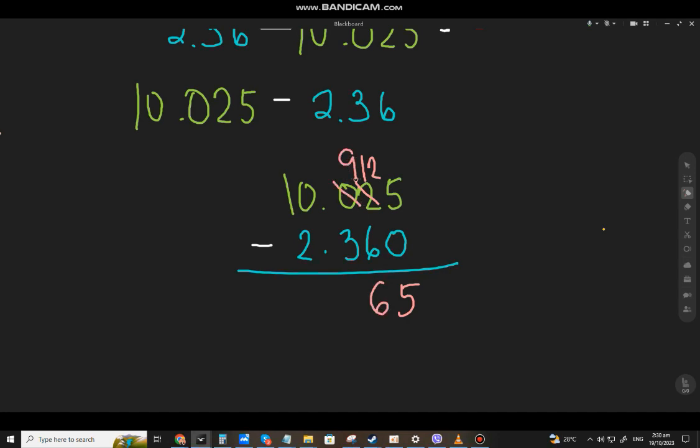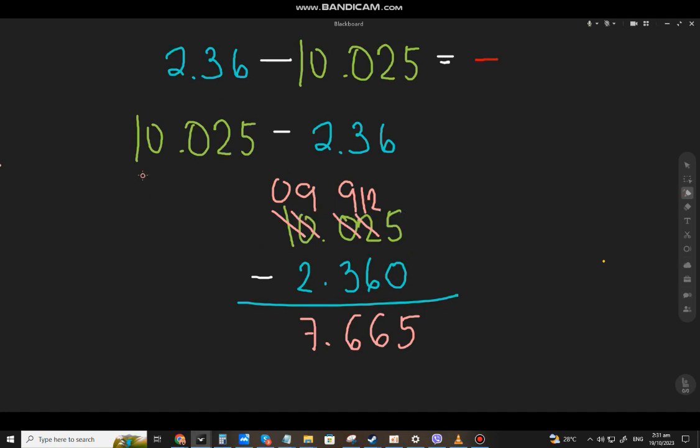And that will be 9, right? Remember your basic math. 9 minus 3, that will be 6. This will be 9 again. 9 minus 2, that will be 7. Copy the decimal point. And 0. And that's the answer. So for 10.025 minus 2.36, you will yield an answer of 7.665.